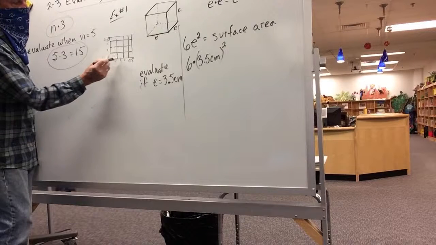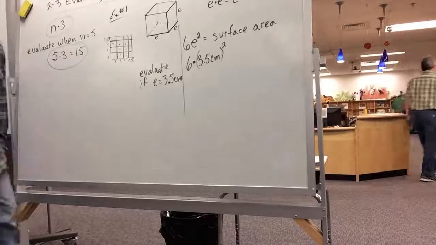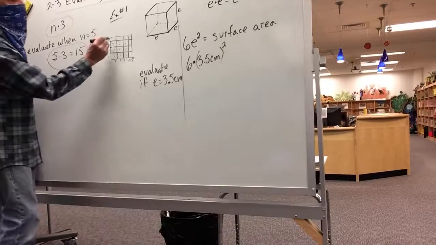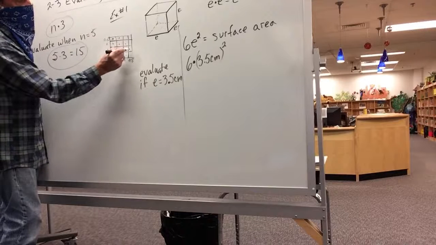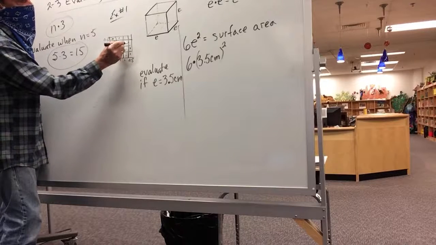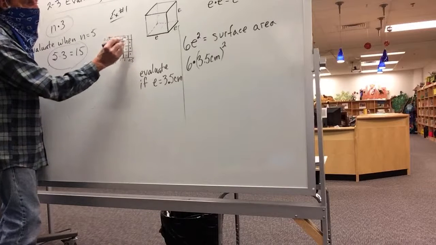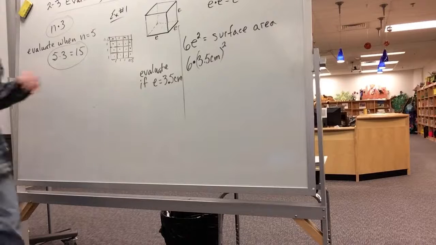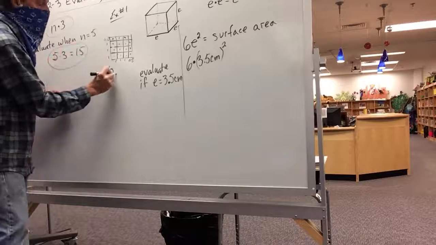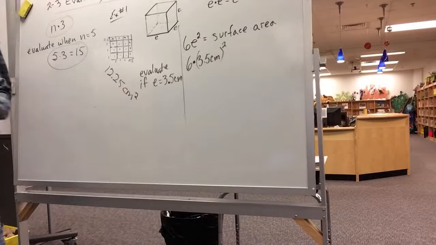Here's another square, which is 1 by 1, 2, 3, 4, 5, 6, 7, 8, 9. And then here's a half, and a half of a square, so there's 10. Here's another pair of halves, that's 11. Here's another pair of halves, that's 12. And this is a half by a half. And a half of a half is a fourth. So all of this is 12.25 square centimeters.